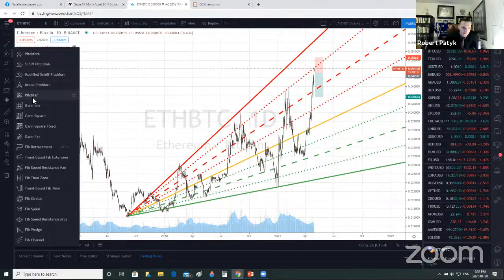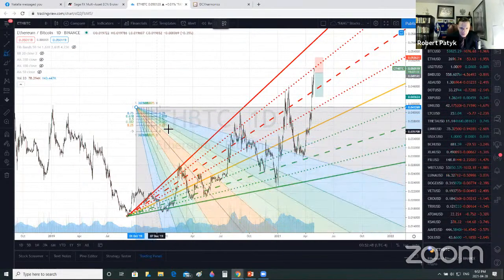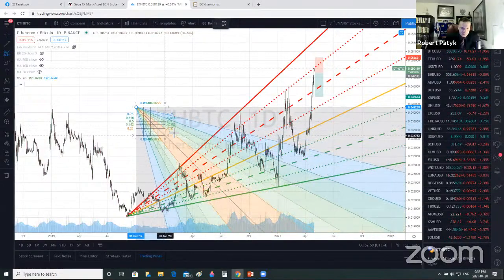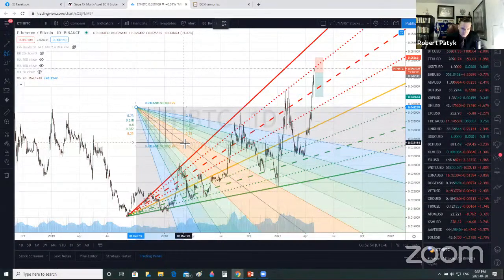Which one do I want to use to make it simpler? Not doing the Fibonacci wedge. Let's try this one here quickly. You have something like this based on Fibonacci levels. I'm not doing it overlapping because it would be confusing.